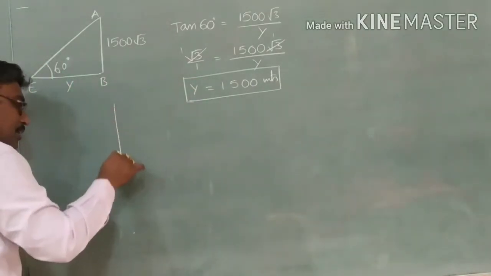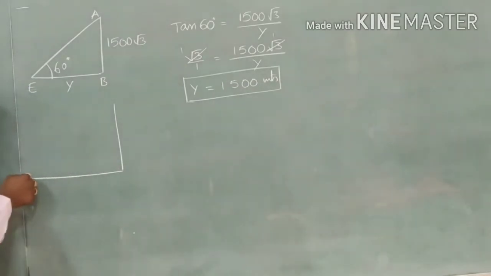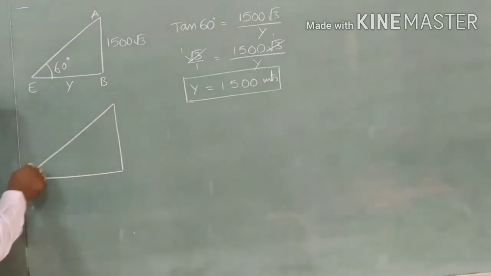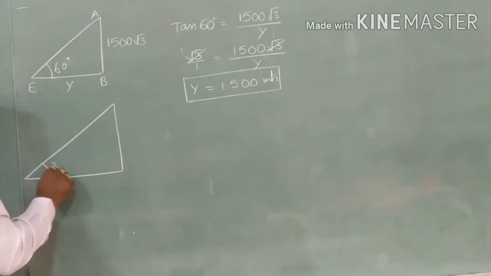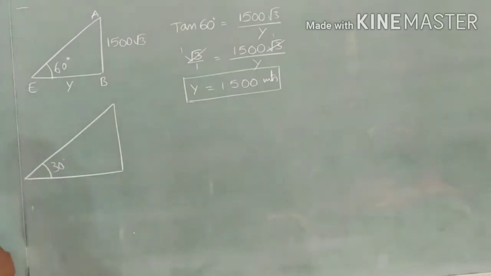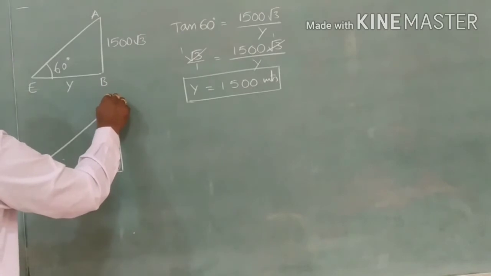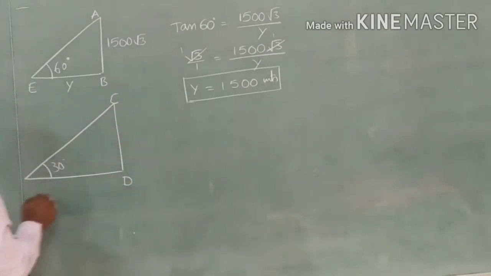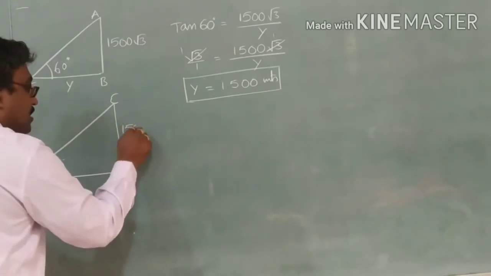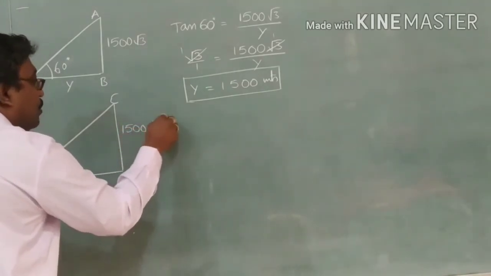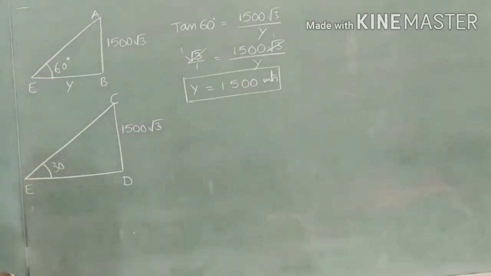Now I am taking the second one. The second angle given is 30 degrees, and here it is C, D, and E. CD is equal to AB, which is 1500 root 3, because it is a constant height.